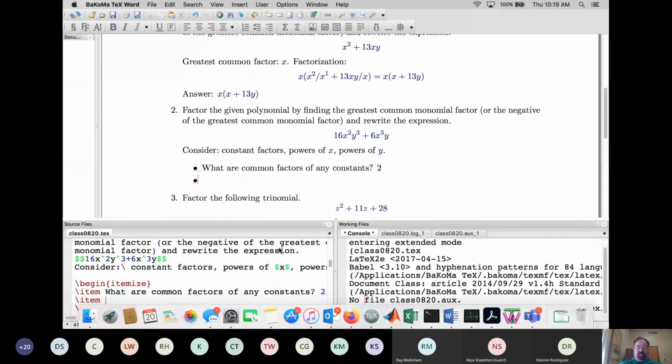But then we look at our powers of x. So we look at the smallest power of x.